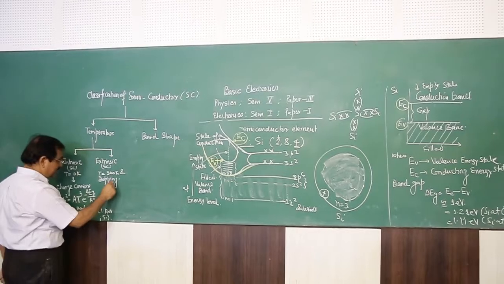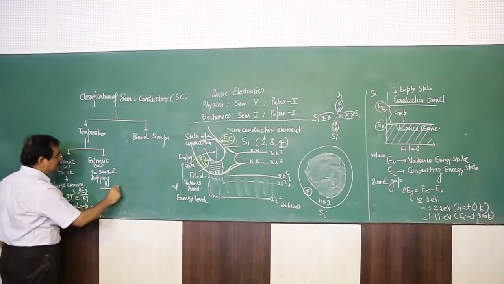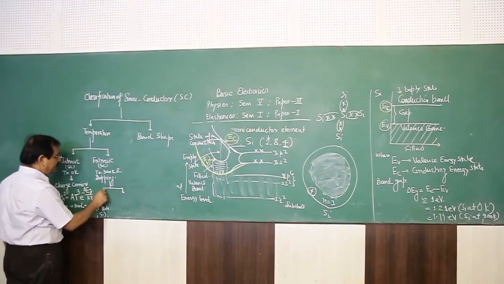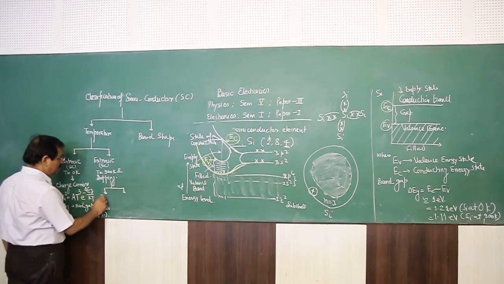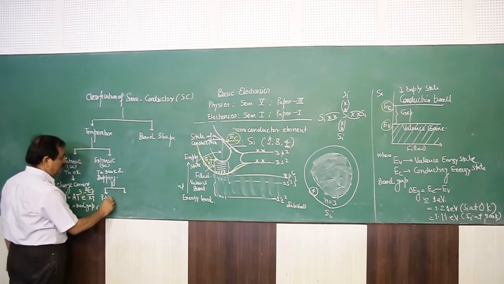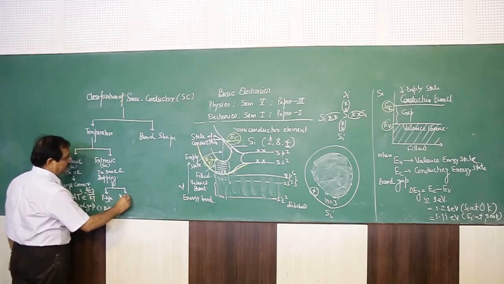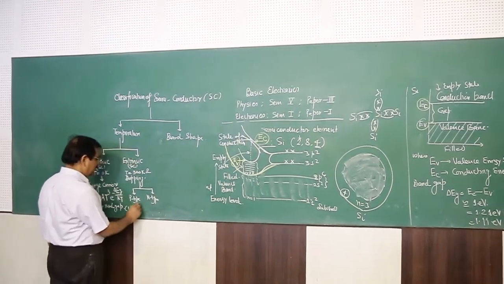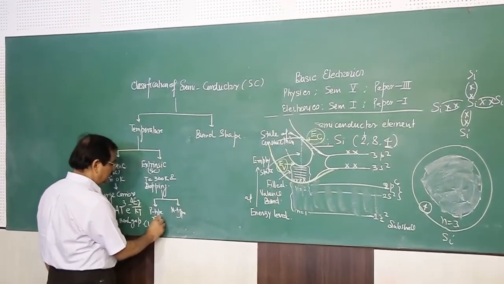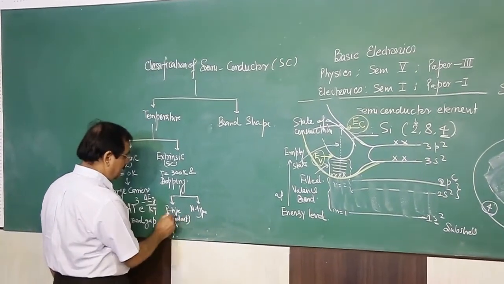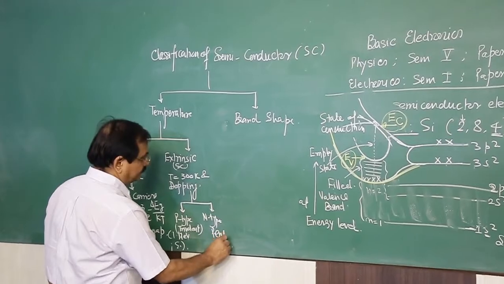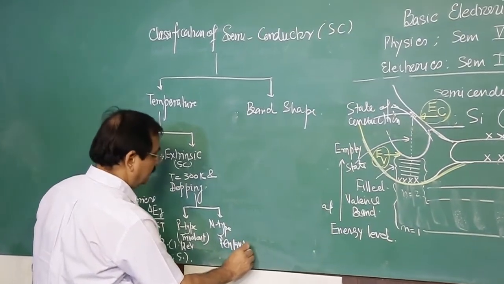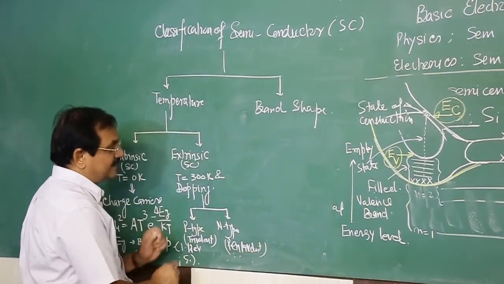The second one is doping. On the basis of doping, we have P type and N type semiconductor, that is trivalent and pentavalent. We will discuss this in detail later on.